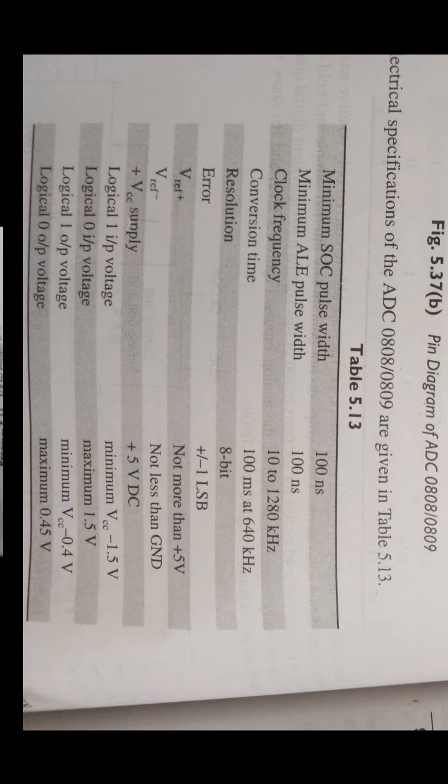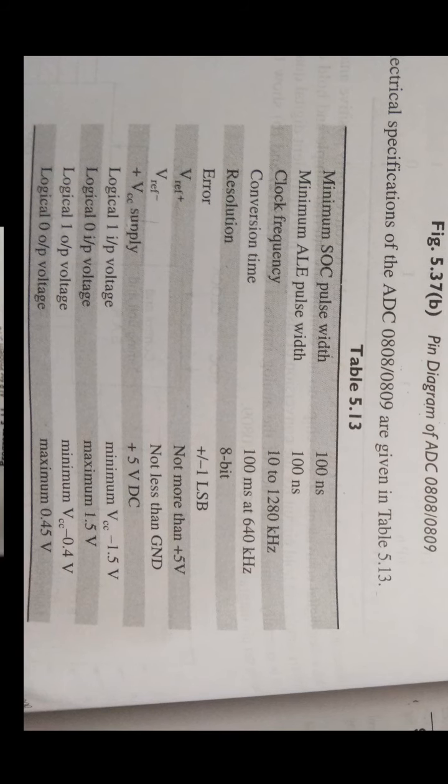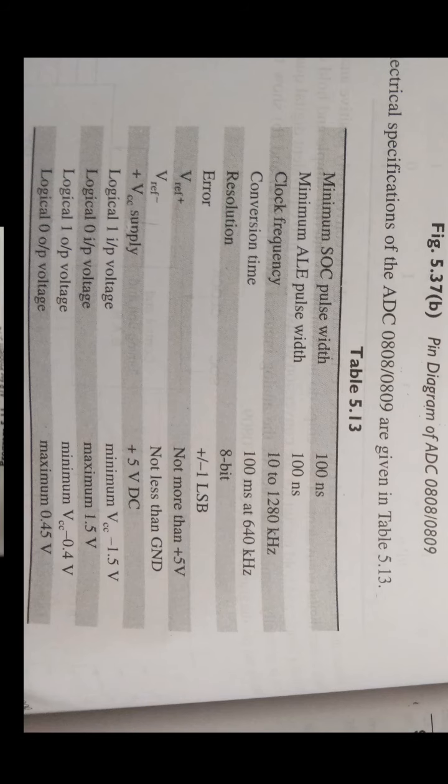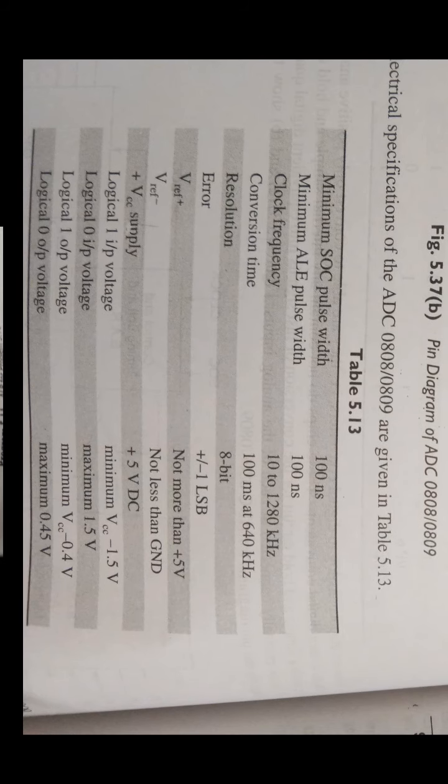V reference plus should not be greater than plus 5, and V reference minus should not be less than ground, meaning no negative value. The VCC supply is 5 volts DC.